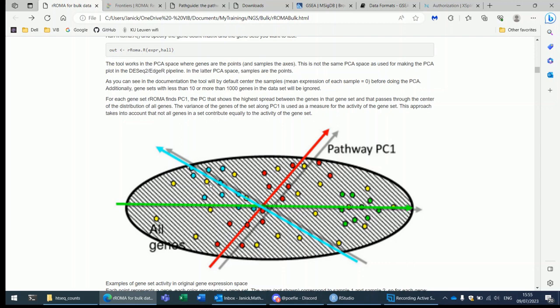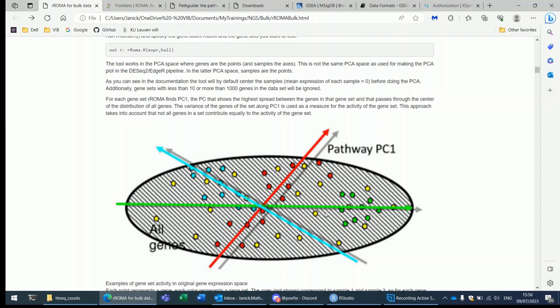So basically, he does the two things. He finds over-dispersed gene sets by calculating the spread and comparing the spread to that of random gene sets. And for the shifted gene sets, he's going to calculate the median expression of that gene set.